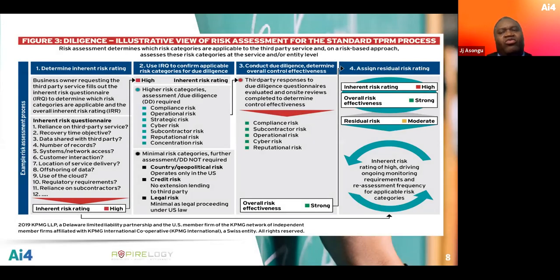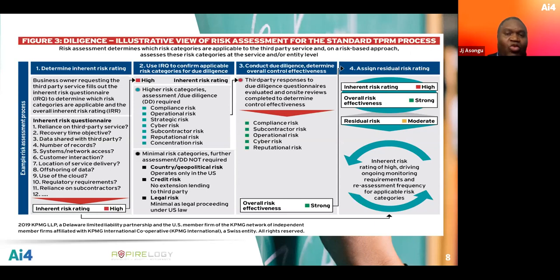Now, when we are involved with third-party risk management, there's a lot of due diligence that is important. And what do we look at when we are doing this due diligence? Basically, one of the main ways that third-party risk management is done is by assessing the risk that our suppliers can pose to our organization.